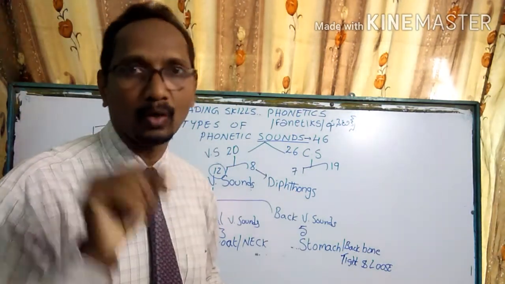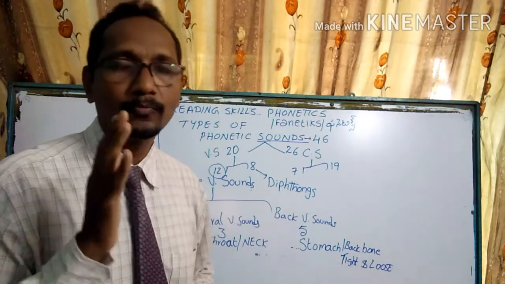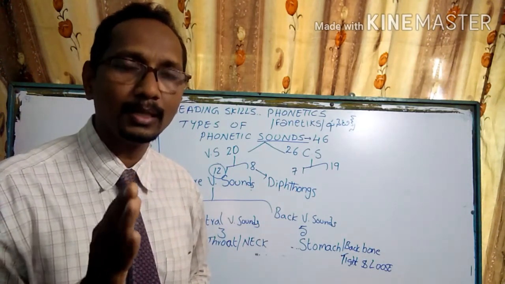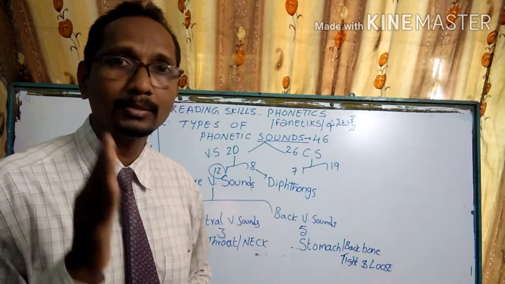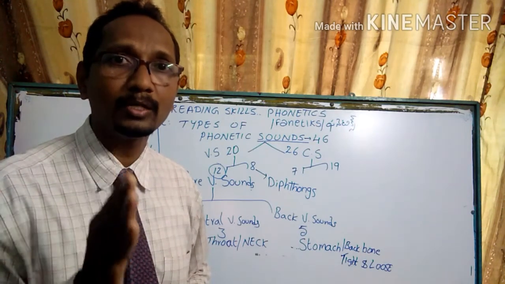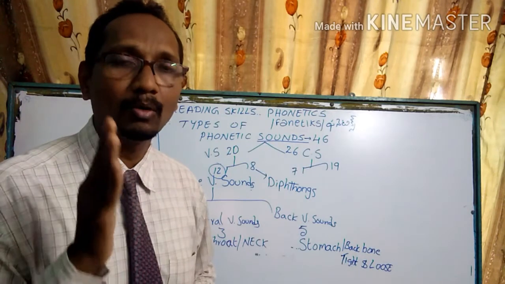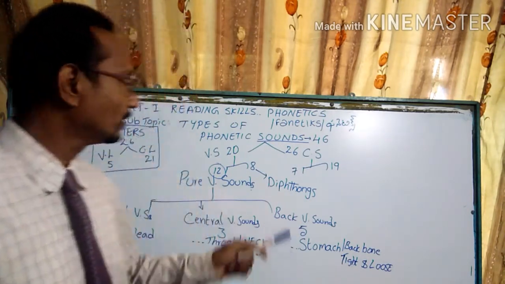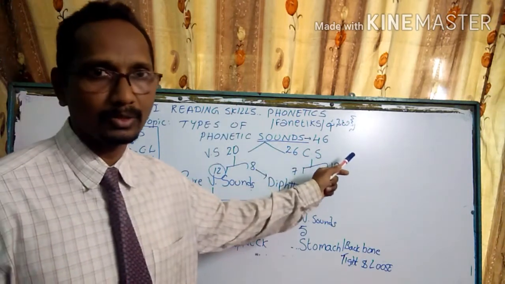Dvani Shabdalu, we call it. If you want to read the letters and words in English properly, as native English speakers pronounce or speak, you need to develop these 46 sounds.